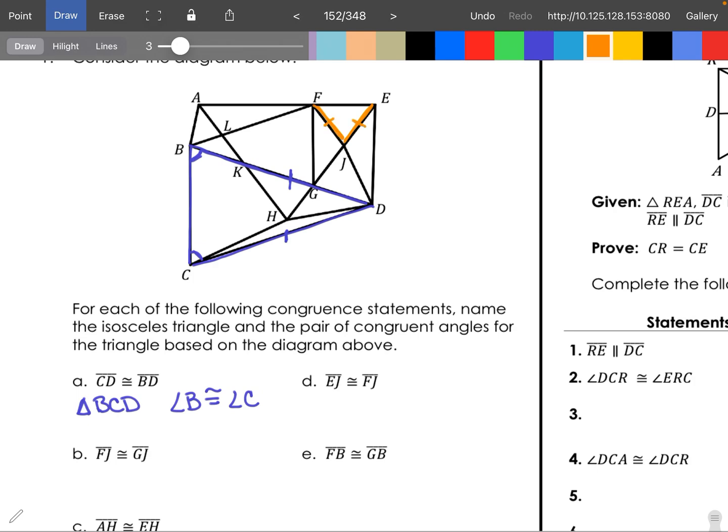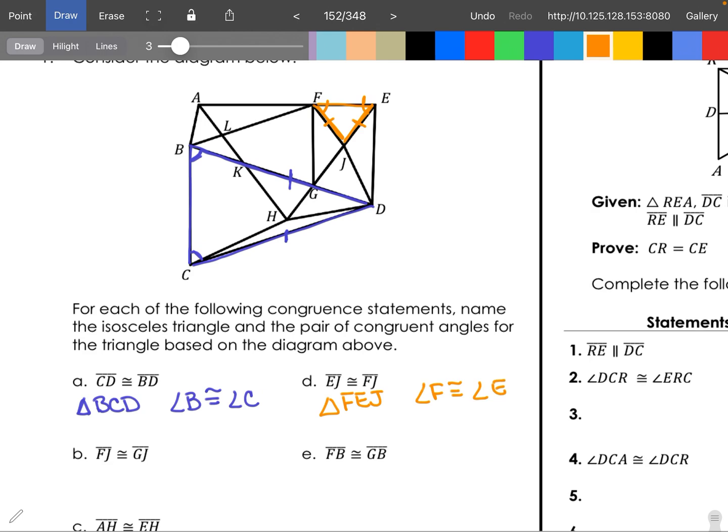Okay, so that means that my base is FE, and that means that this angle should be congruent to that angle, your base angles. So, named a triangle, let's name it FEJ, all right, and your angles, angle F is congruent to angle E, or angle E is congruent to angle F.